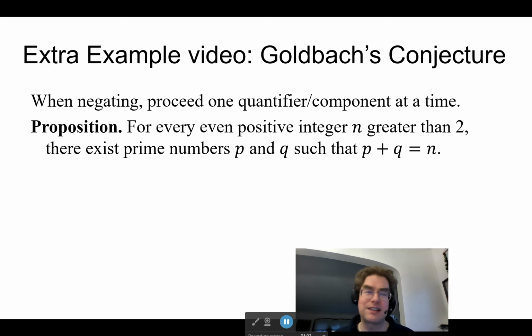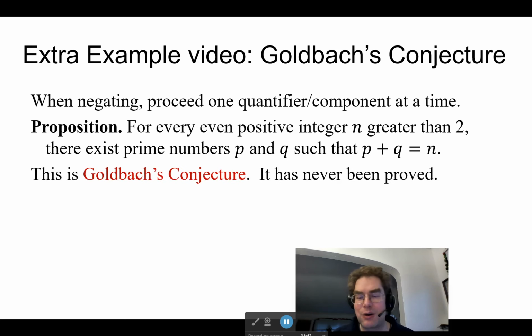Okay, now again, it's not some random statement that we just pulled off the street. This is one of the most famous statements in mathematics. It is known as Goldbach's conjecture, proposed back in the 1700s in a letter that Goldbach wrote to Leonhard Euler. Goldbach thought it should be true.